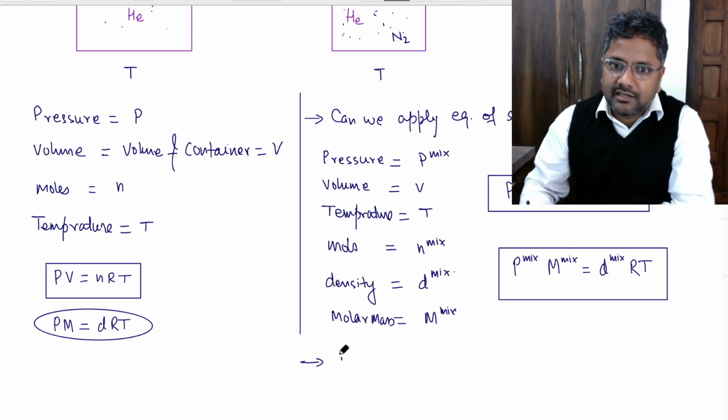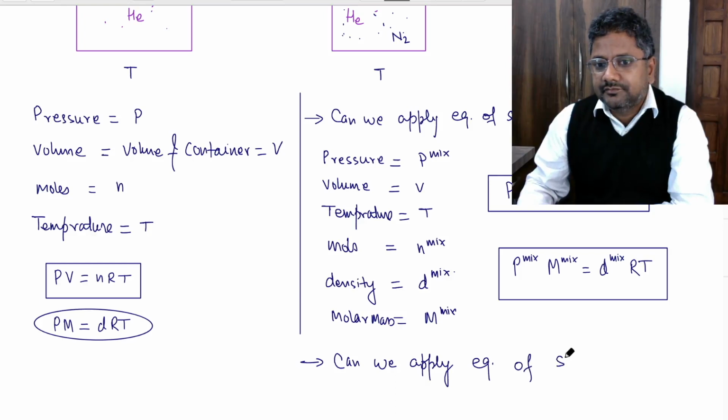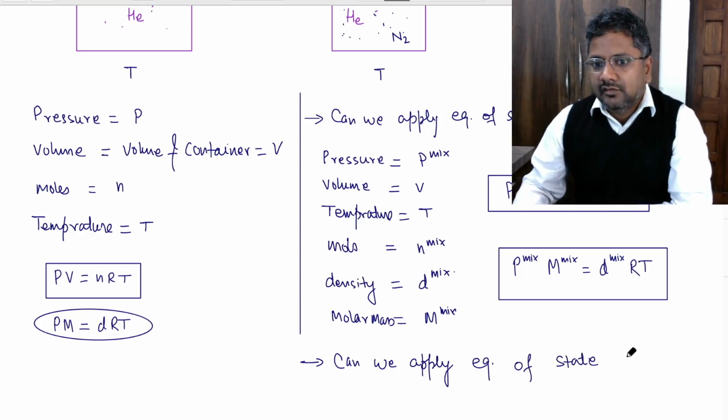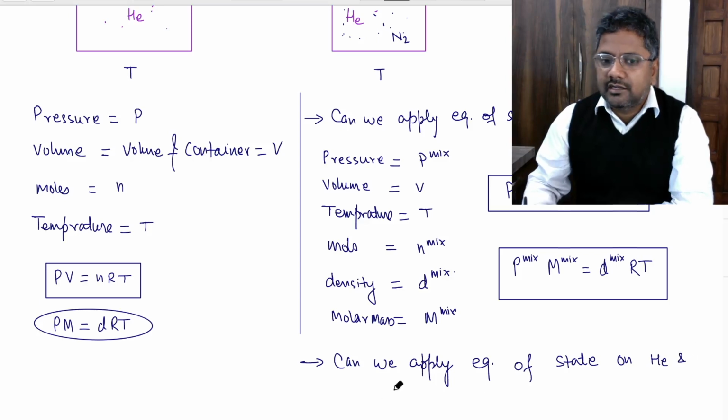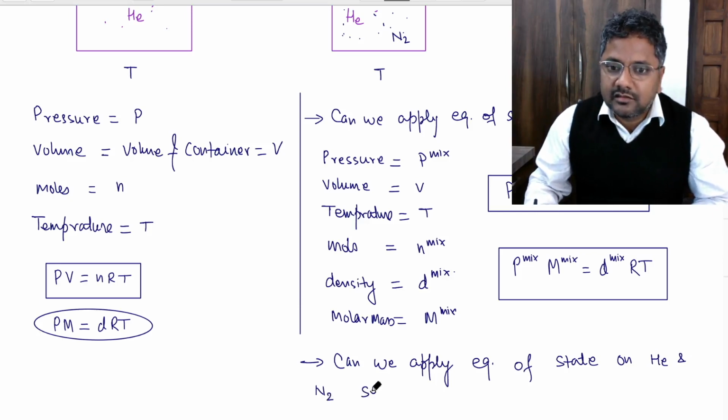Can we apply the equation of state on helium and nitrogen separately?